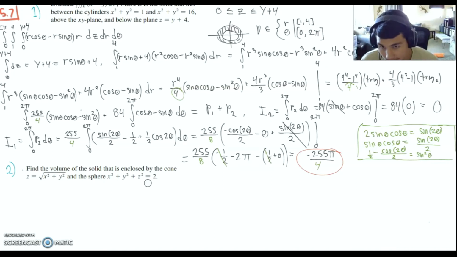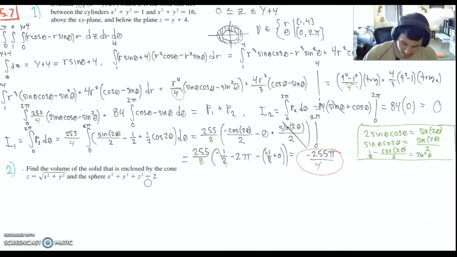Some of you may just guess the sphere, which the answer actually is yes, it is the sphere. But sometimes you're not able to know, and sometimes you're like me, you don't want to guess, or you just can't picture it in your head, because it's 3D shapes. I don't have a bunch of cones and spheres lying around my house. So let's think about how we can first find a few of these bounds.